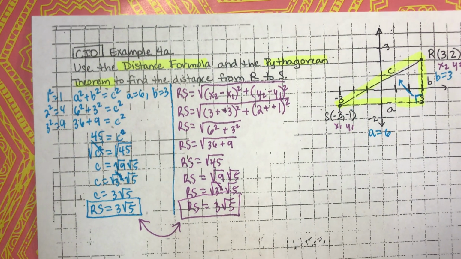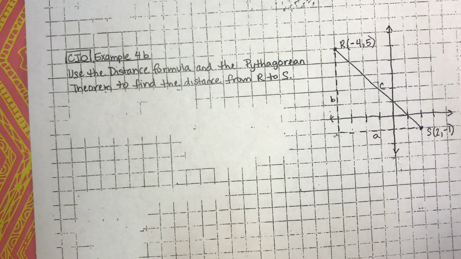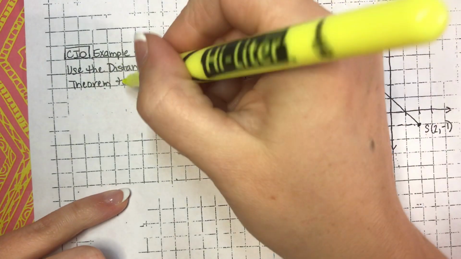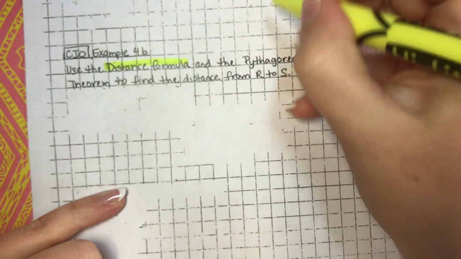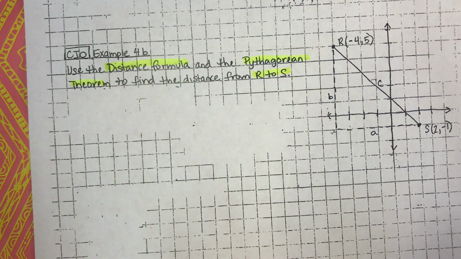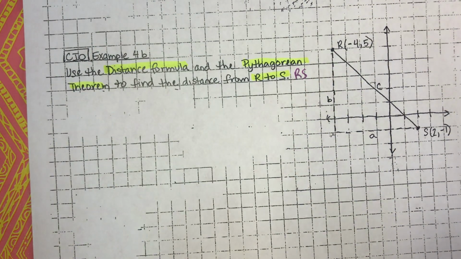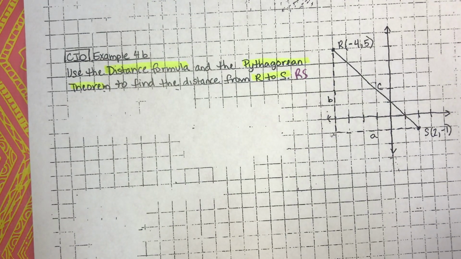Boom, there you go. So our next problem right here, you're going to use the distance formula and the Pythagorean theorem to find the distance R to S, or RS, right? You're trying to find RS. So we're going to do this one more time, except this time I want you to try to do this on your own.